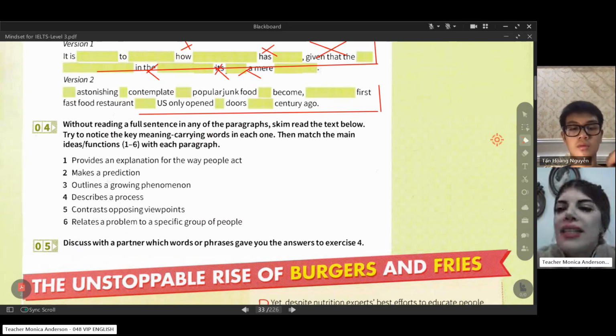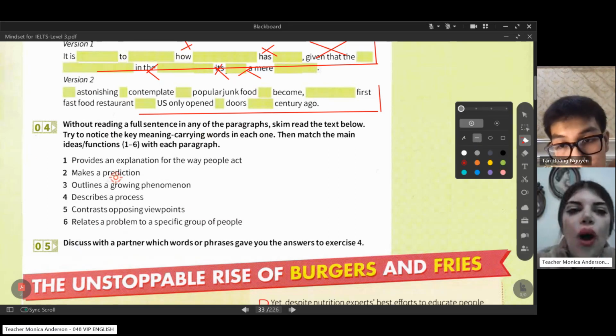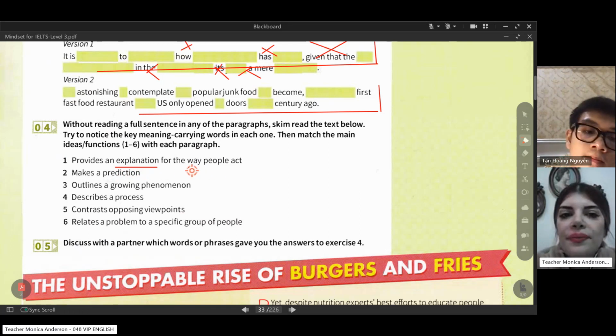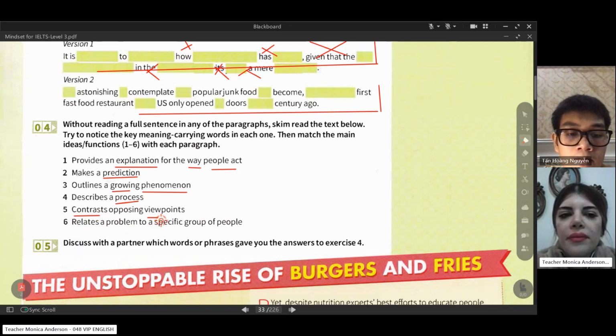Now, the second thing is to underline specific keywords.